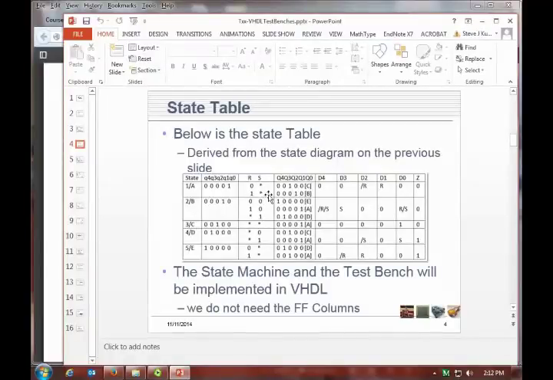Now the great thing about this is if you're not going to do a hardware design, if you're just going to do a VHDL design, then you don't need to look at these columns at all. We let Xilinx come up with what kind of flip-flops it wants to use. We do need Z. We do need the output line.